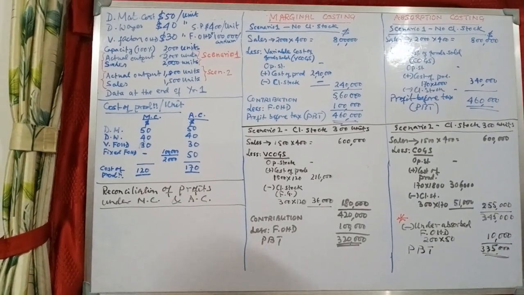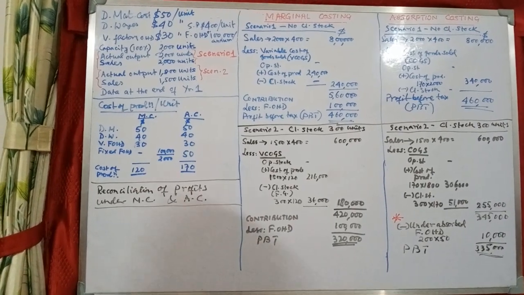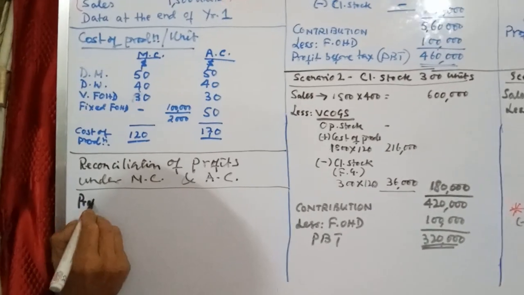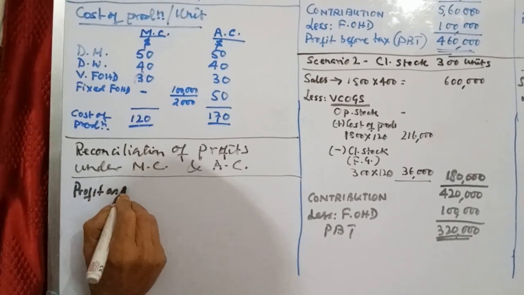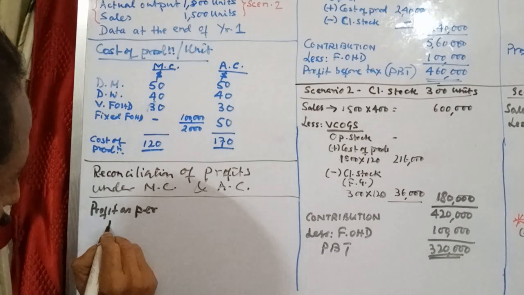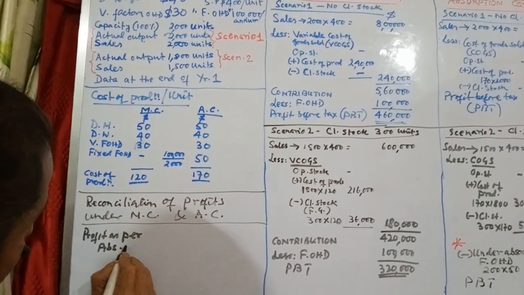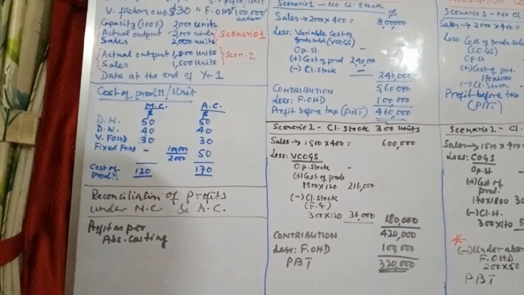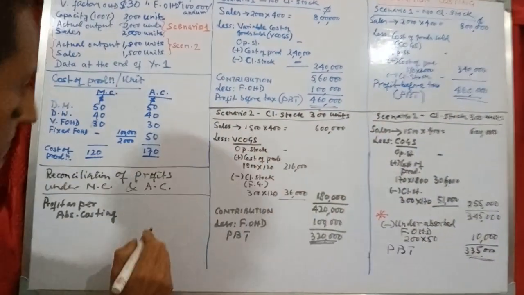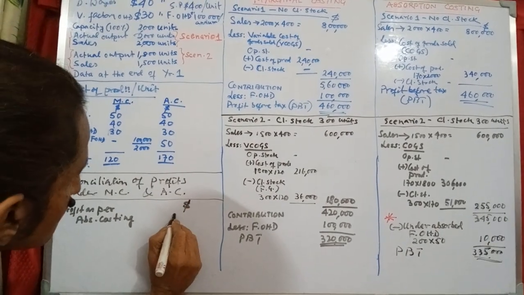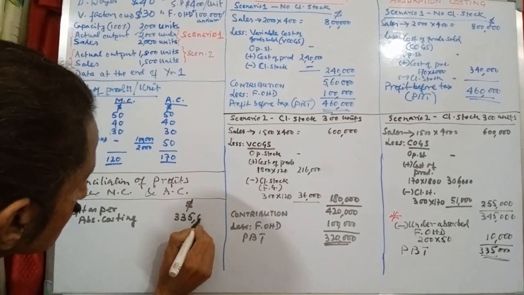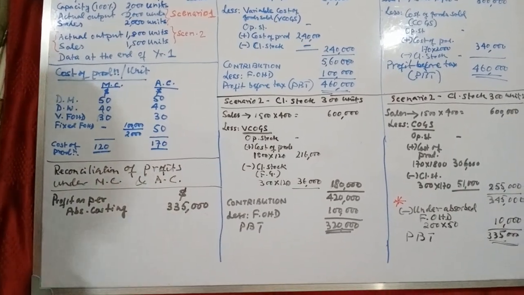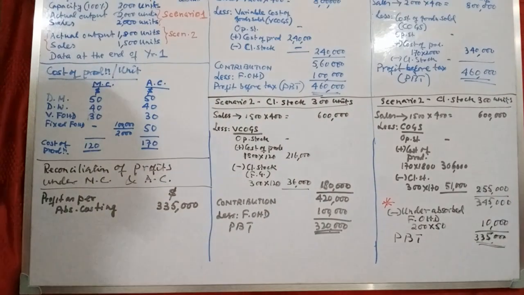Profit as per absorption costing. Start with profit as per absorption costing. What is the profit as per absorption costing? 335,000. Correct? 335,000 is the profit as per absorption costing.